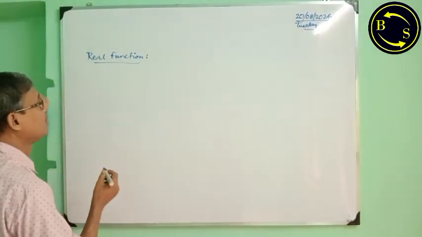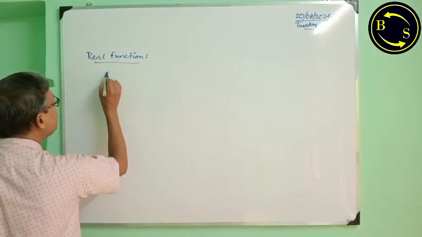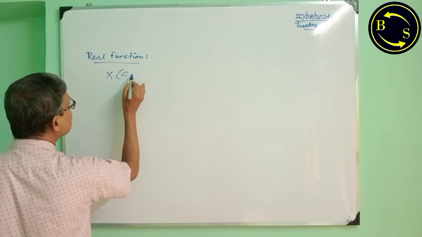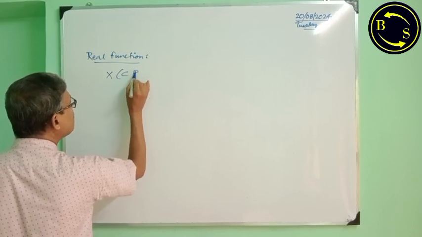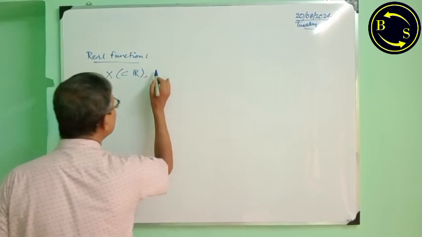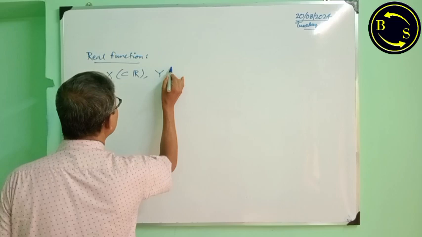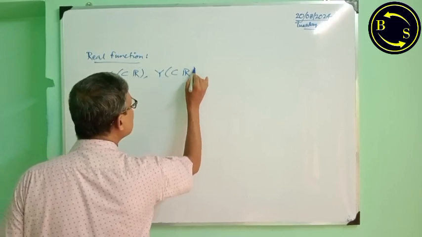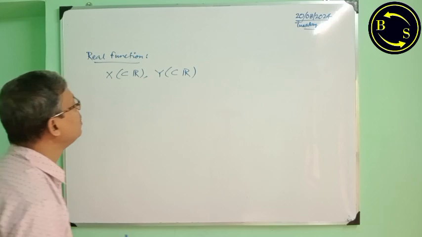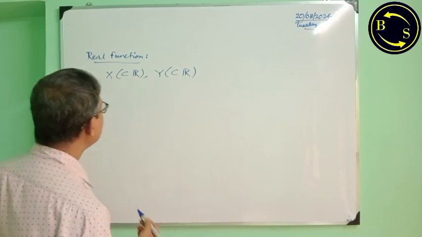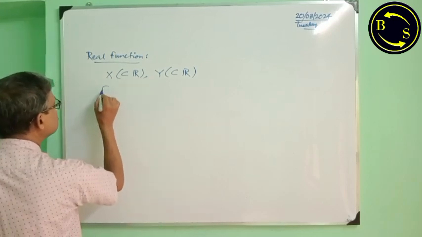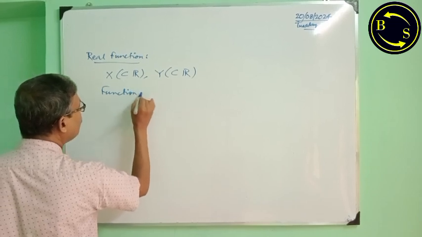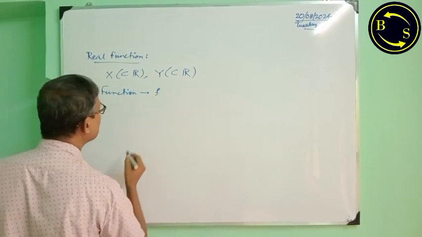Here we take two sets, X that is a subset of set of reals, also Y that is also a subset of set of reals, and the function f.